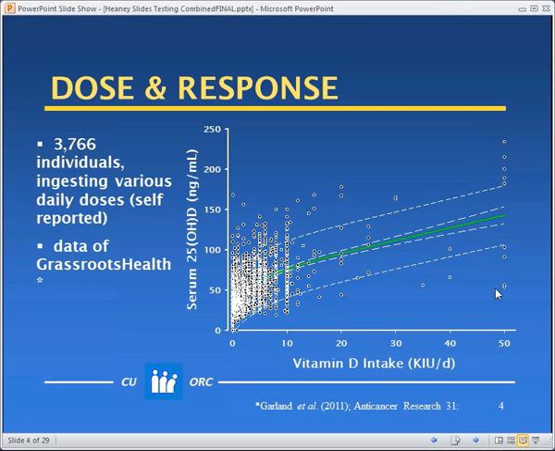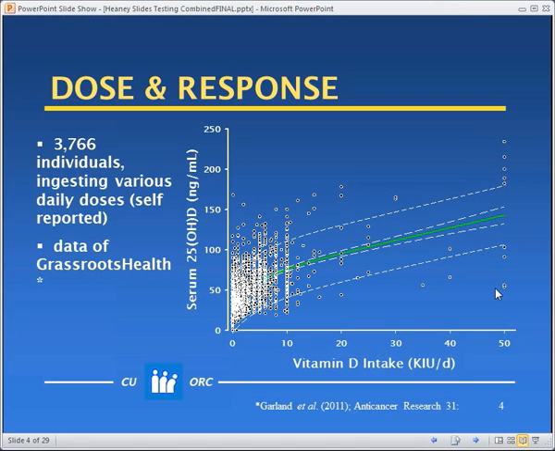What I'm showing in this slide is a set of over 3,700 individual values of serum 25-hydroxy vitamin D. That's the way we assess vitamin D status. And the plot shows that we have vitamin D intake on the horizontal axis measured in thousands of international units per day.